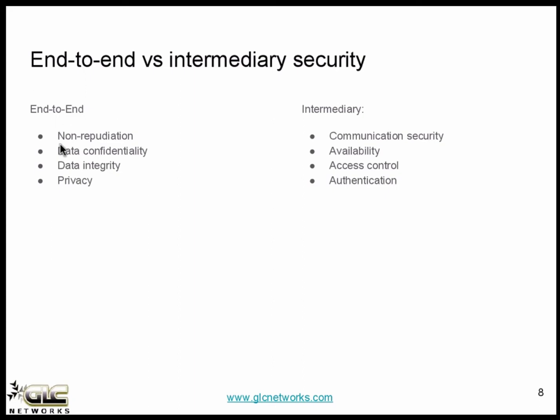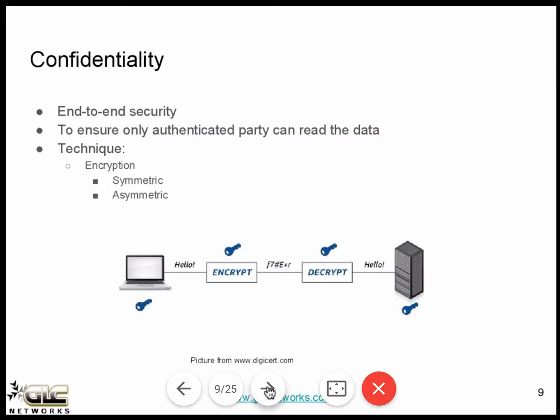The principal aspects of end-to-end security are non-repudiation, which means you cannot deny what you have done, data confidentiality, data integrity, and privacy. While intermediary security could be communication security, availability, access control, authentication. So that was the difference between intermediary security and end-to-end security.